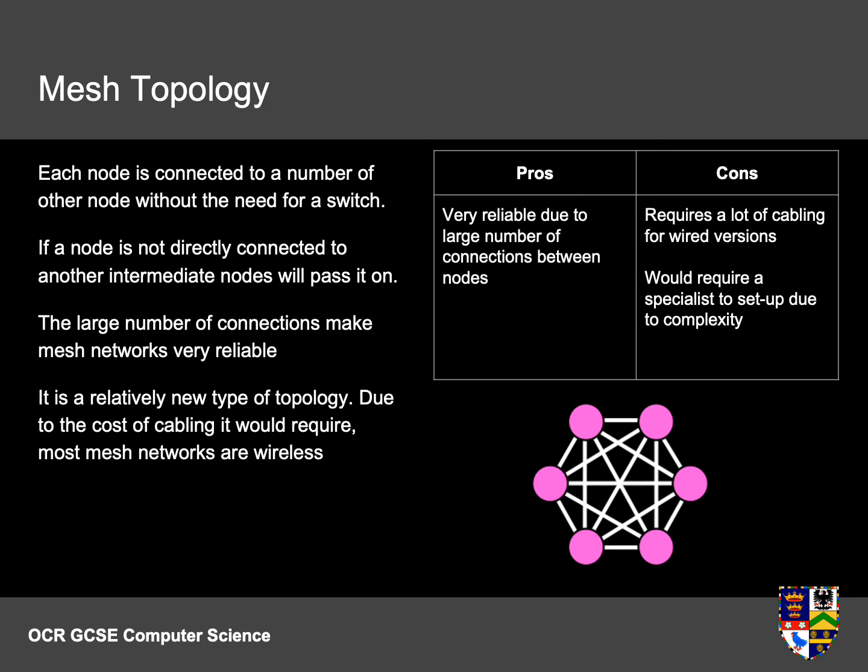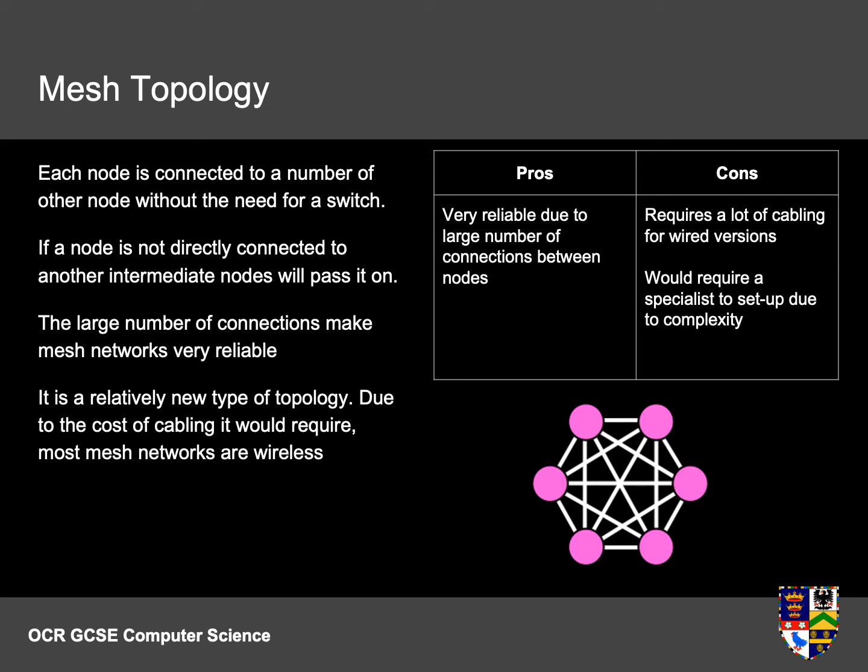Now, your pros of a mesh network is that it's incredibly reliable due to the large number of connections between each node. And if one fails, or a signal can't quite reach the intended destination, the other nodes can help pass that message on by repeating it. It does, however, if you wanted a wired one, require a lot of cabling.